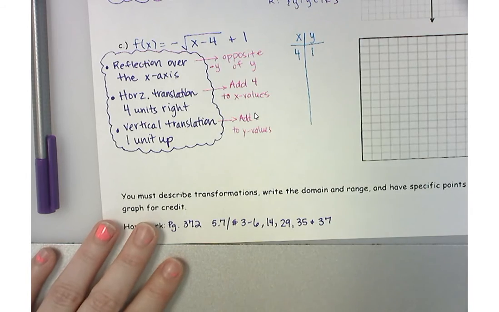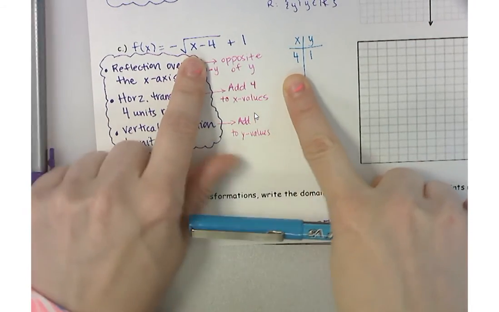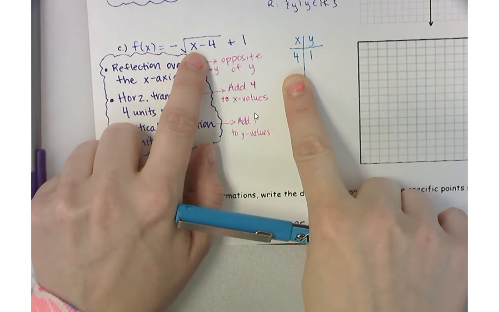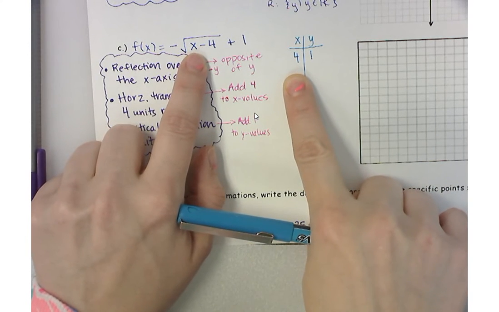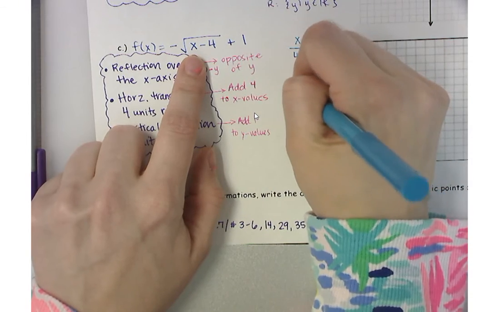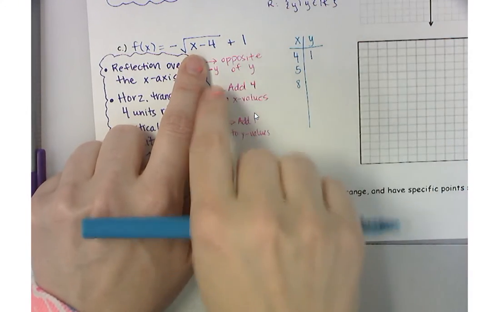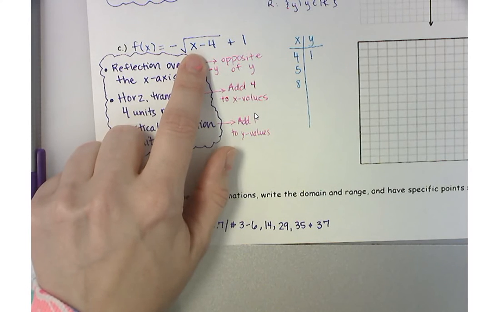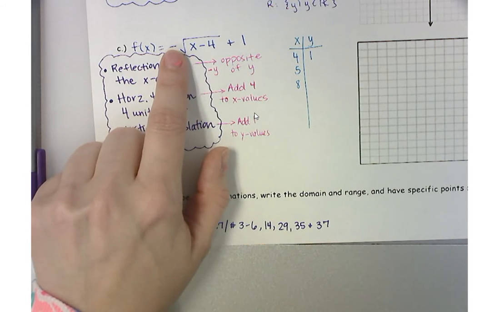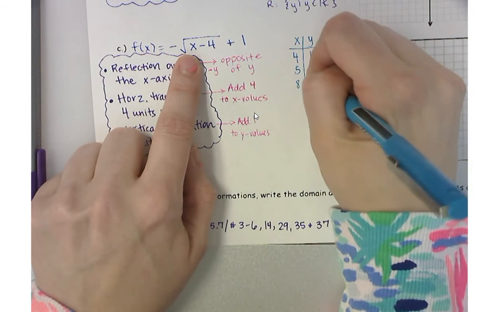Okay, and you could keep going that way. Or you could take the original, the square root of x, which remember is 0, 1, 2, and the square root of 9 is 3. What you would do for the x values is add 4. For the y's, you'd have to do the opposite of y first, and then you would add 1.